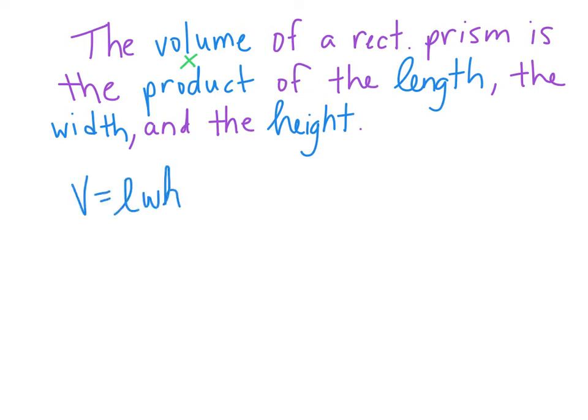That can look like volume, or V, is equal to length times width times height. Or sometimes you'll even see it written this way. V for volume, capital V, is equal to, when they use the capital B here, they're referring to the area of the base.